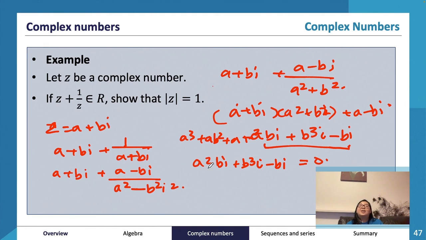If we factorize out b, we'll get a squared i plus b squared i minus i, and that equals 0. So you'll get that b equals 0, or, if we put that across, we don't need the i's anymore. Just remove those because we're trying to say that it's equivalent to 0.